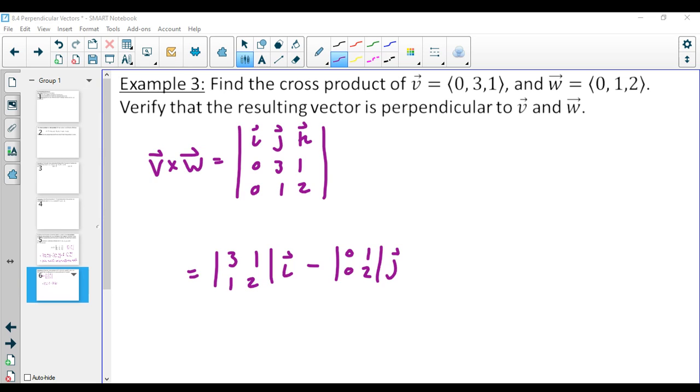And then plus, and if we take out the row and column with k in it, what's left is 0, 3, 0, 1. And then we multiply that by k.